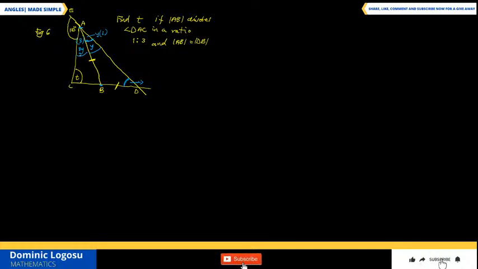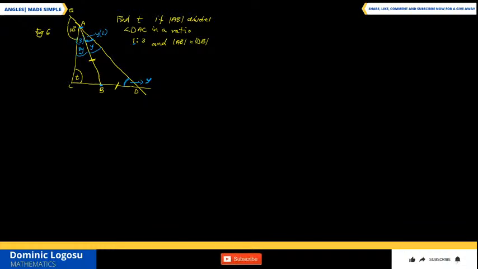So y and 3y. This place is also y, because of the stripes, this y will be equal to this y. By using the ratio, this will be 1, and this one is 3, because the question says that the line AB divides the whole thing into a ratio of 1 is to 3.